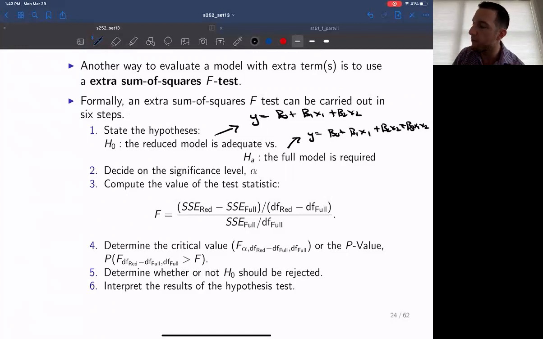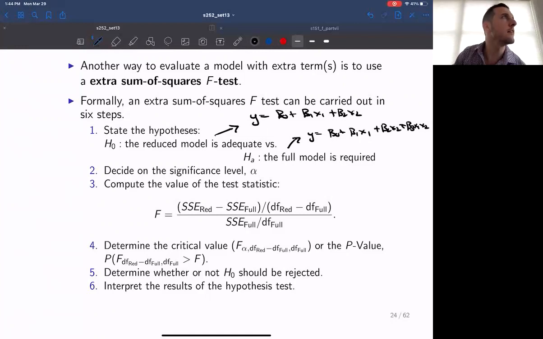So we have reduced is adequate versus full required, and a significance level. You can see our test statistic here is simply taking values from the ANOVA table, and it's an F test statistic. This particular test statistic is distributed as F with DF reduced minus DF full, comma DF full degrees of freedom.